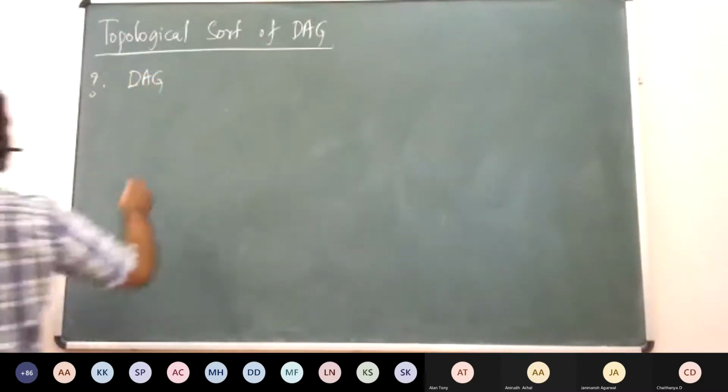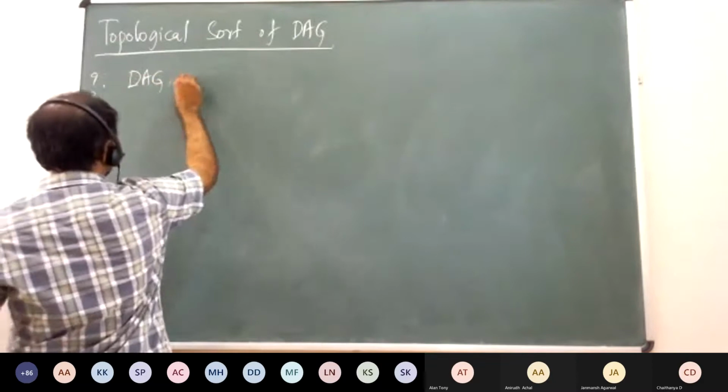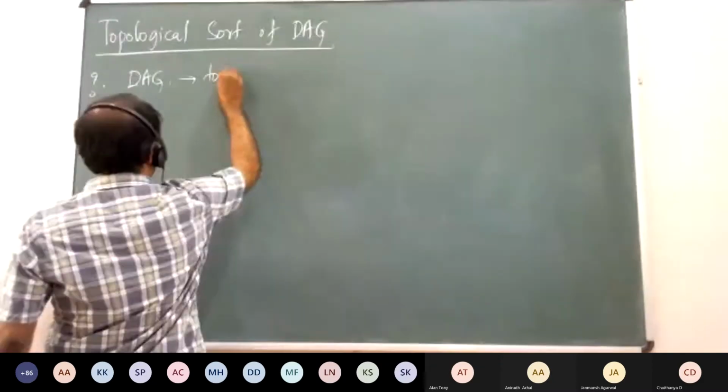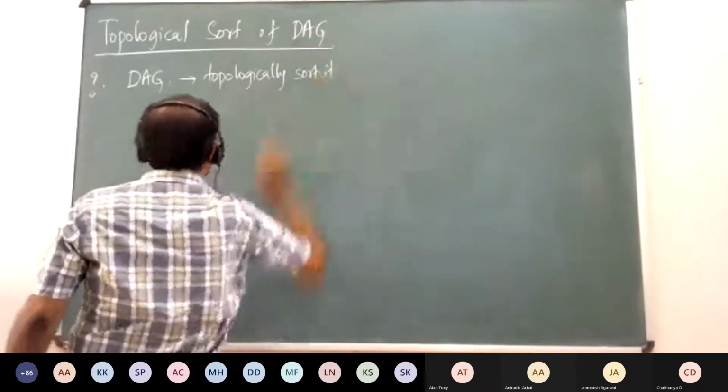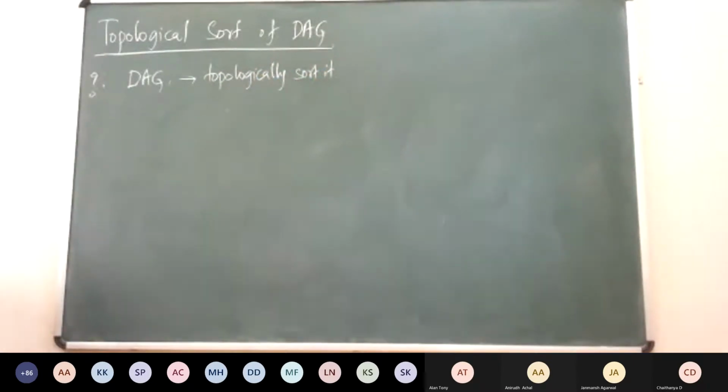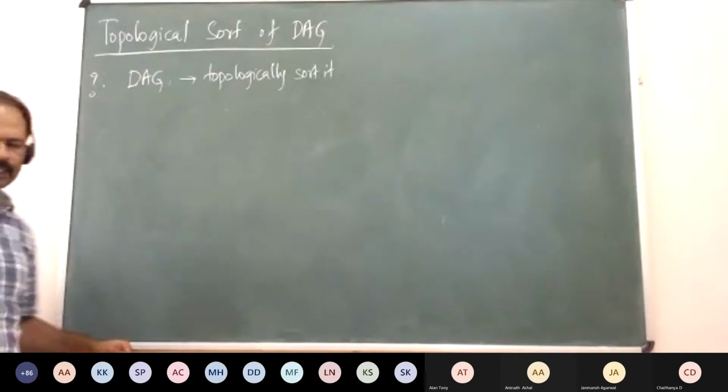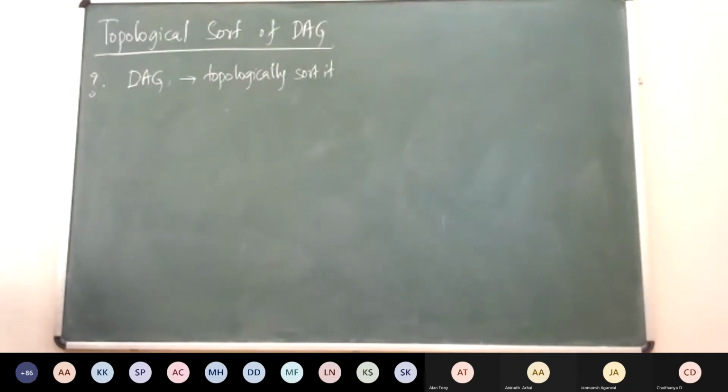And so we want to topologically sort it. Suppose you are given a DAG with the vertices and arcs, nodes and arcs. You want to sort it such that all the edges are going from left to right. Okay, so good. So is there a way of doing it? How do we do this?